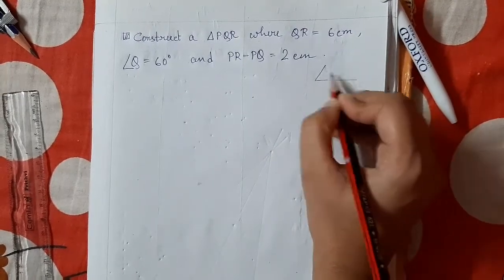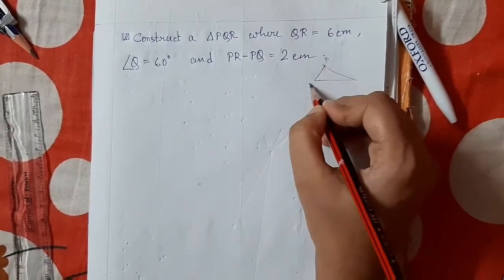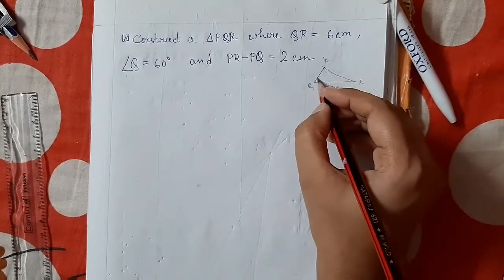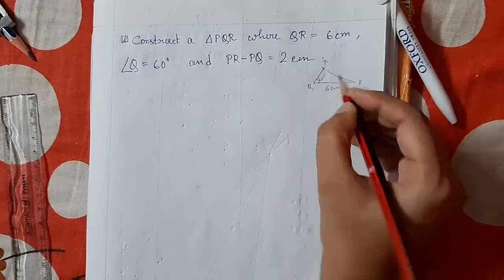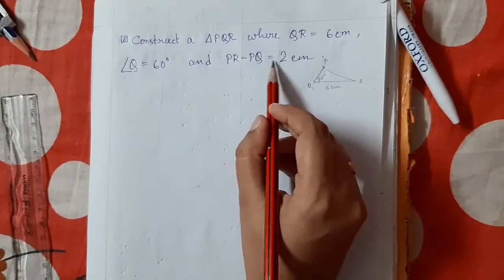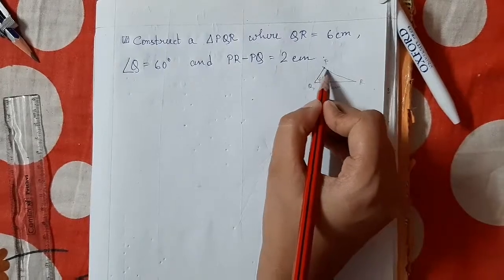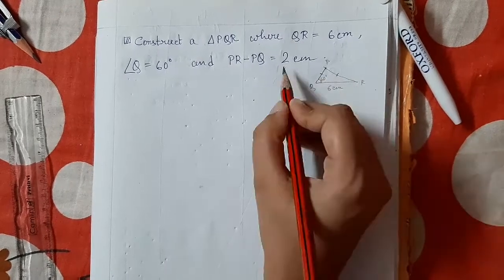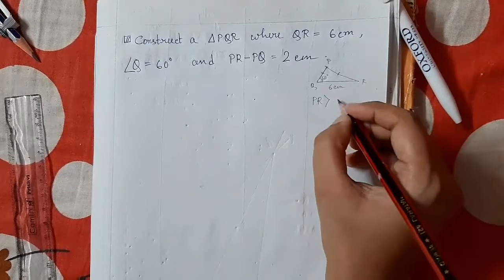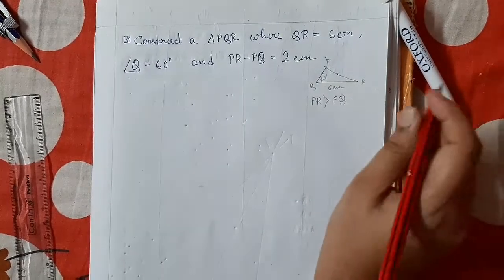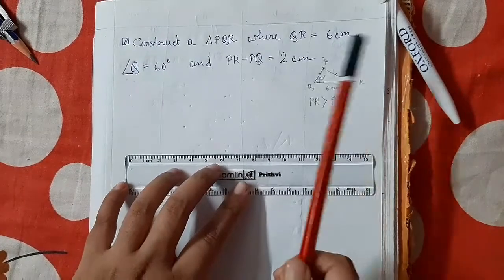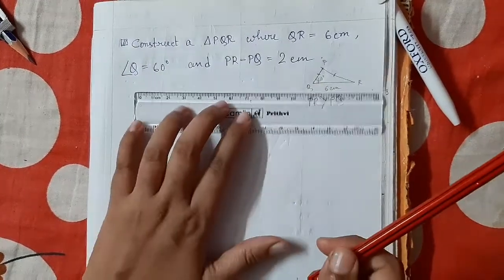Again we will draw a rough sketch on the left hand side. Suppose this is triangle PQR. This side QR has to be 6 cm, this angle has to be 60 degrees, and PR minus PQ is equal to 2 cm. That means the difference between this and this side is 2 cm, and obviously PR has to be greater than PQ. First of all I will take two line segments of length 6 cm and 2 cm.